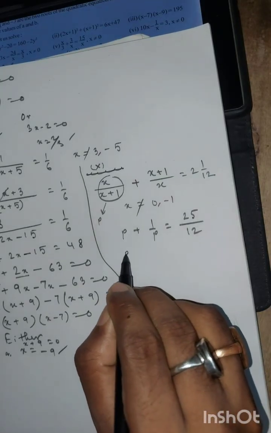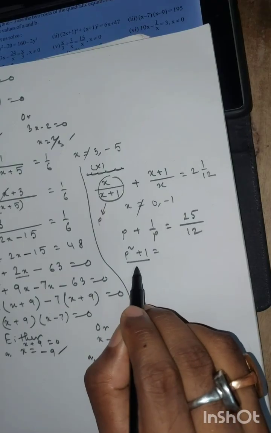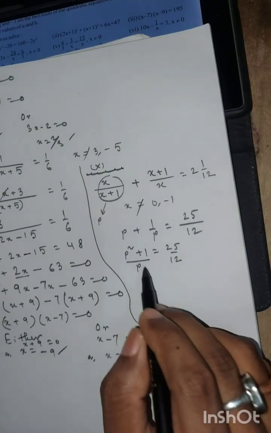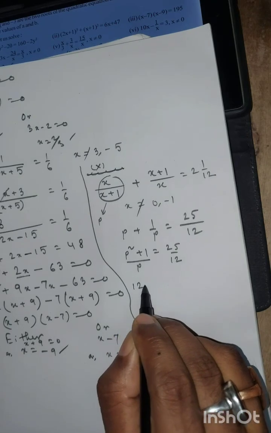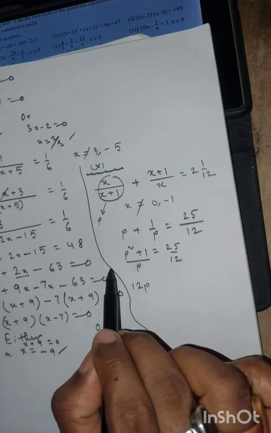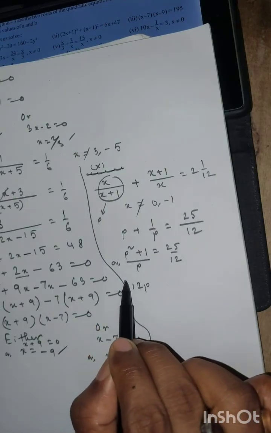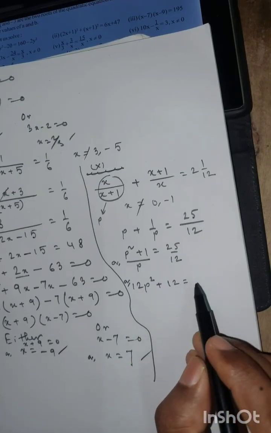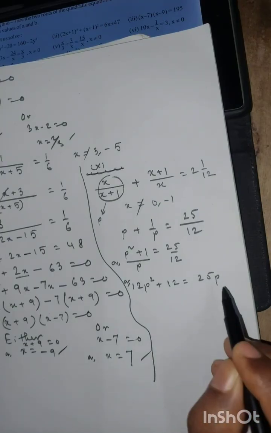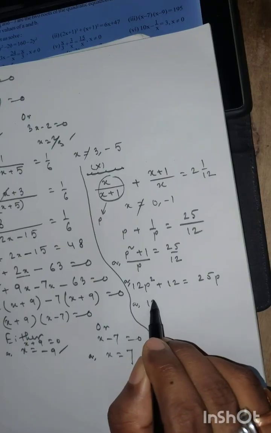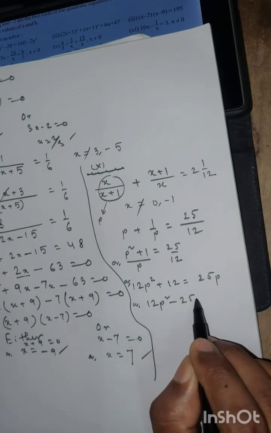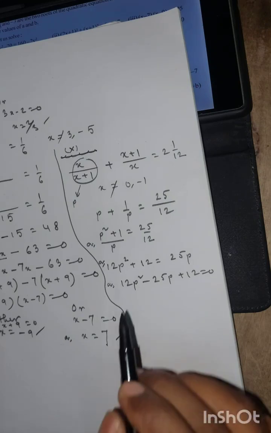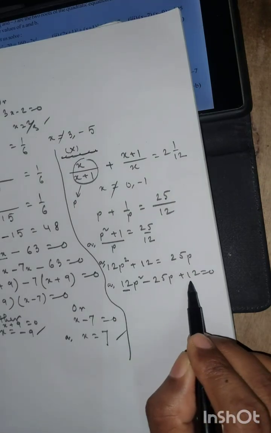Now if we cross multiply these numbers, we get coefficient of p square into constant.